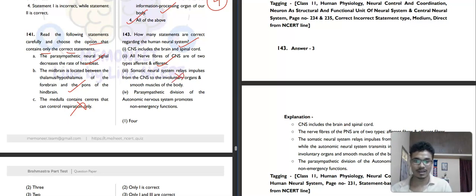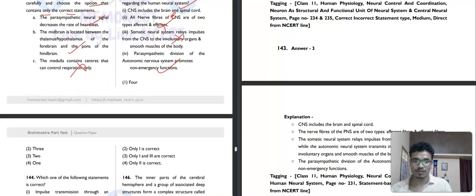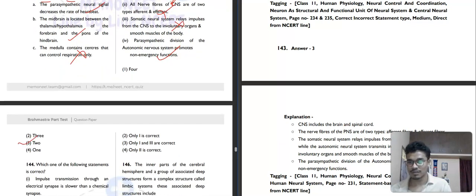This is not correct. Then the parasympathetic division of the autonomic nervous system promotes non-emergency functions. Sorry, this is incorrect. Nerve fibers of PNS is not correct. This is correct. So two statements are correct. Third option will be your correct answer.